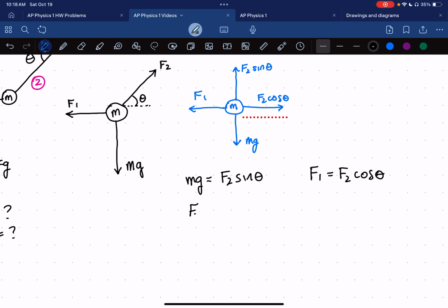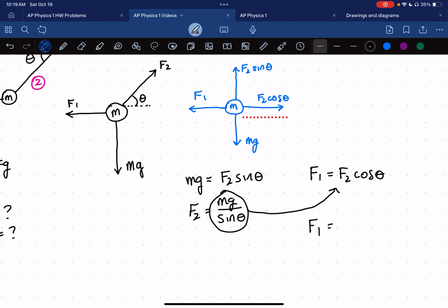So just going to rewrite this as F2 equals mg over sine theta. All I did was divide by sine theta, and I kind of flipped it for my convenience. We're going to substitute that in.